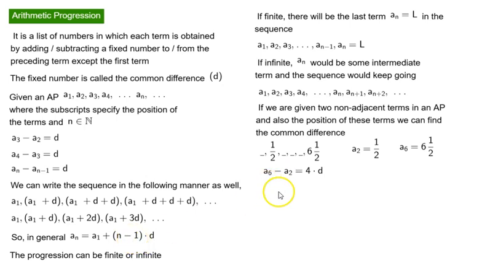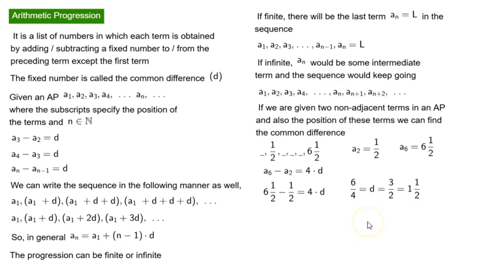So 5 minus 1 D's will give us 4D. So A sub 6 minus A sub 2 is equal to 4 times D, which means 6.5 minus half is equal to 4D. And we arrive at D is equal to 1.5. So common difference we have found, which is what we had to find.